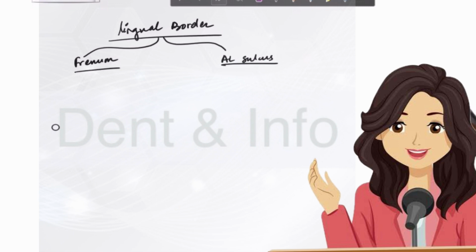Are you able to follow me completely? Do you have any doubts? Just put in a message and then we can go ahead with the lingual border of mandible. This is the last part of your anatomical landmarks and then we will shift over to another topic. Is there any doubt or should I continue with the lingual border of mandible?